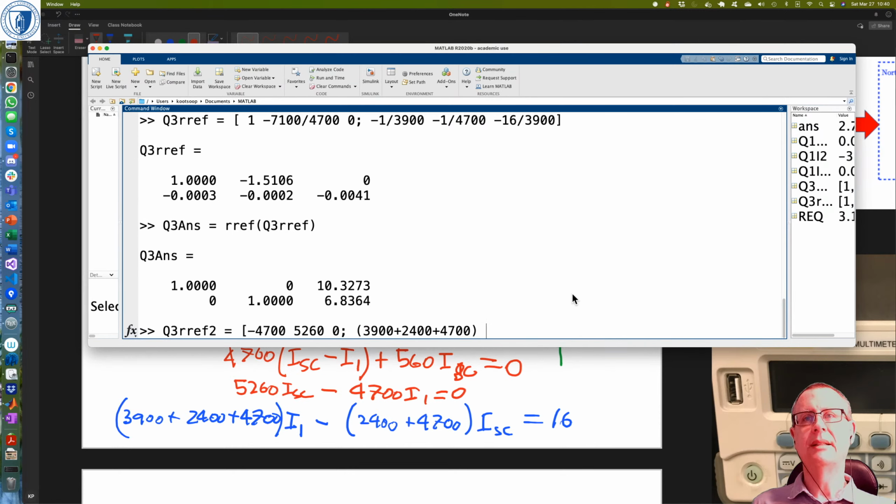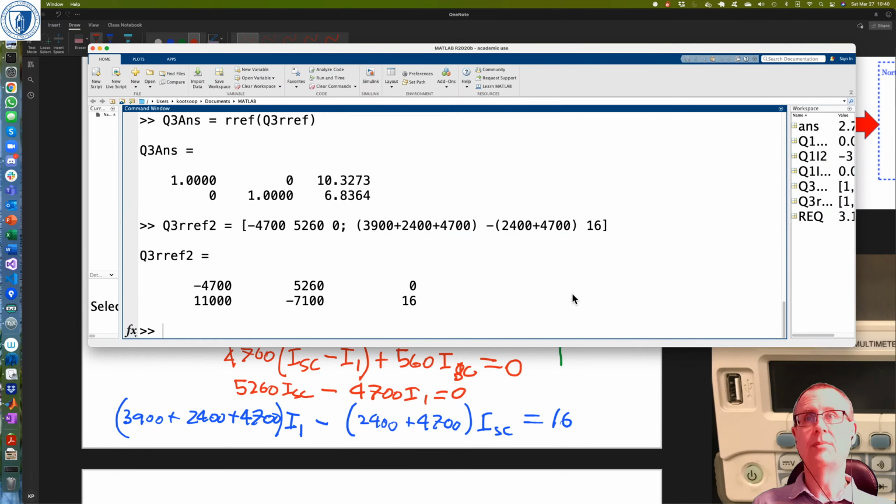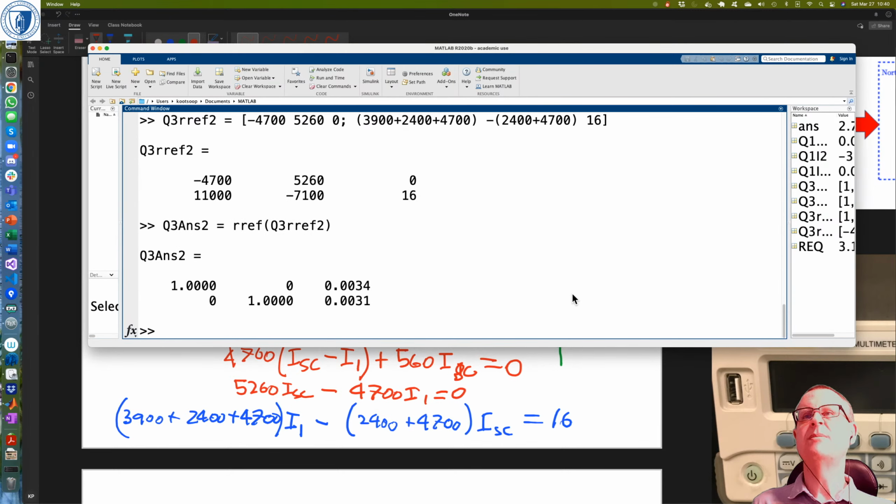So that's that, and then minus 2400 plus 4700, and then 16. That looks about right. And then we can do Q3 ANS 2 is RF Q3 RF 2. And so we get that.